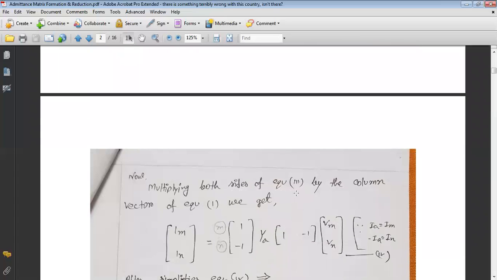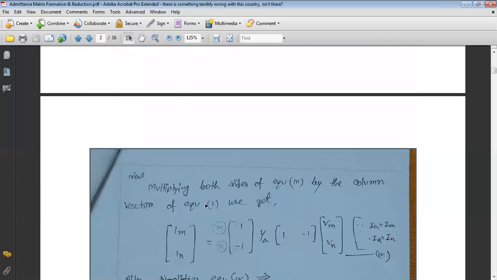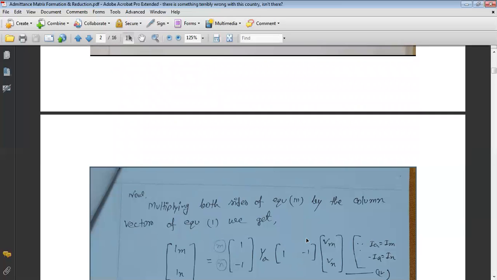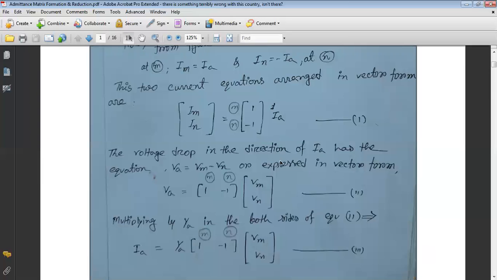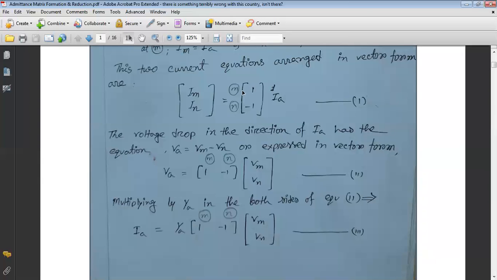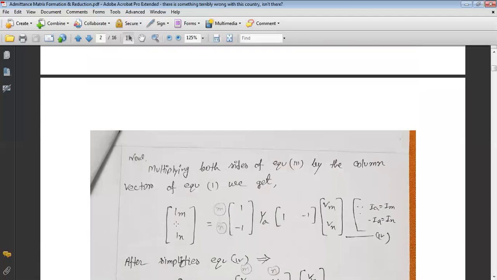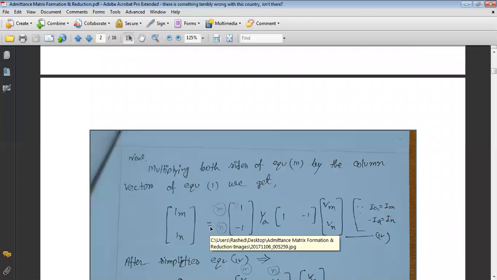Now multiplying both sides of equation 3 by the column vector of equation 1, that is +1 and -1, we can find that plus Ia means Im and minus Ia means In. So Im and In is equal to the column vector 1, -1, times Ya, times the row +1, -1, times Vm, Vn.